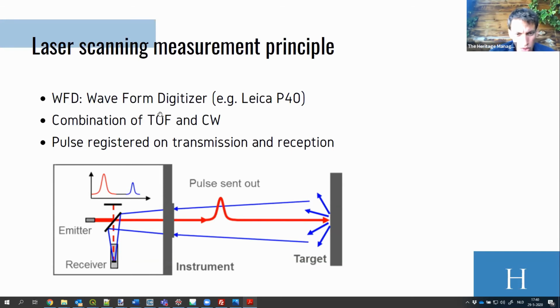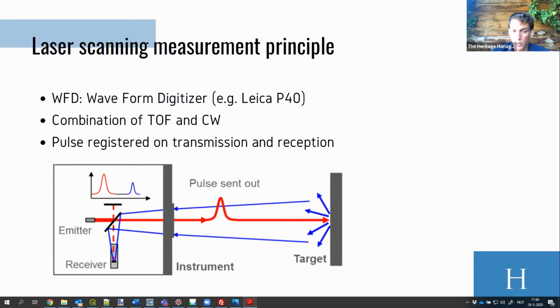If you combine both advantages, you will have a waveform digitizer, as this is called by Leica, where the continuous wave is actually modulated on the pulse that is emitted. So every pulse is not just a binary pulse or an amount of energy, but in that amount of energy there's actually some kind of timestamping available.